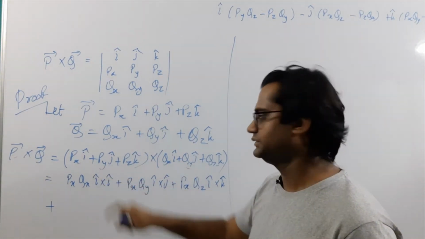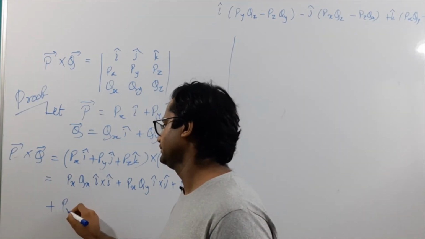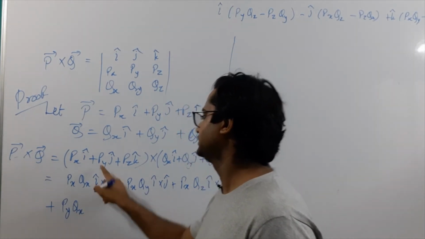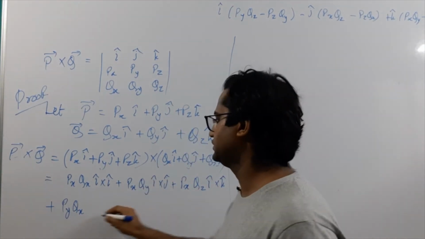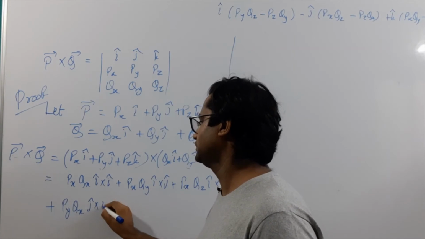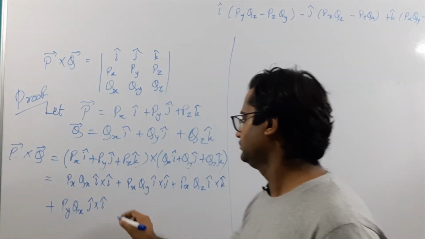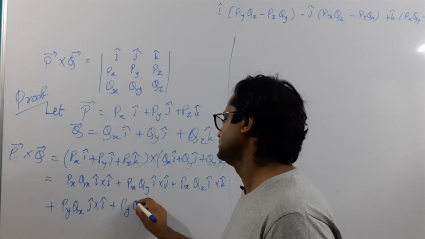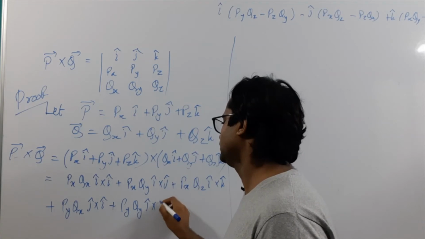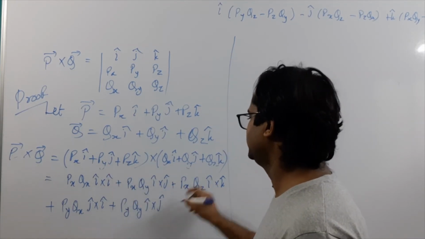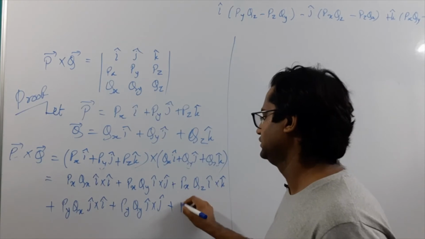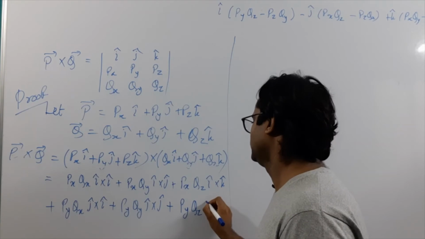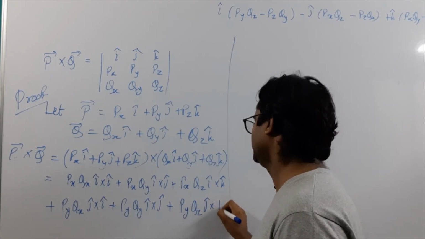Consider the second term of the first vector. So this is py, second into first: py qx j cross i, plus py qy j cross j, plus second into third, py qz j cross k.